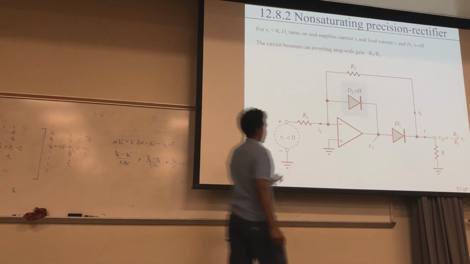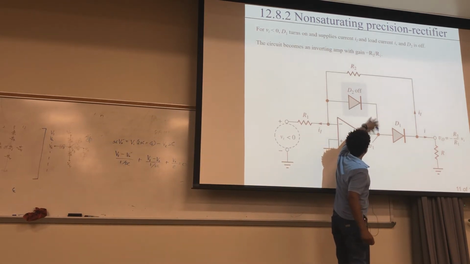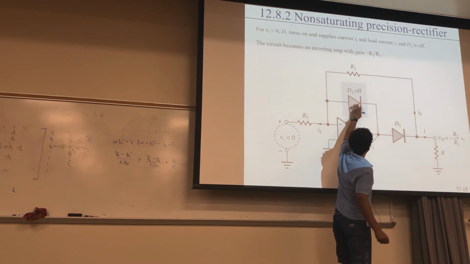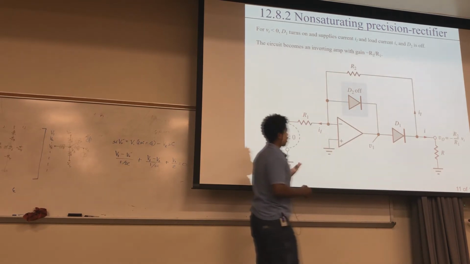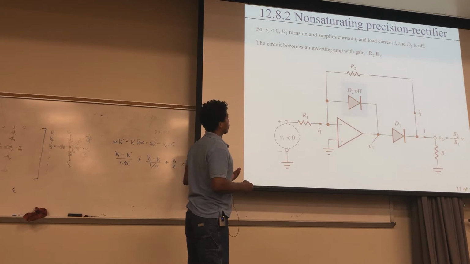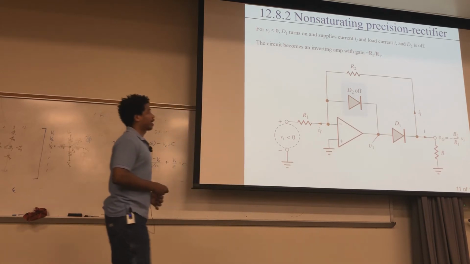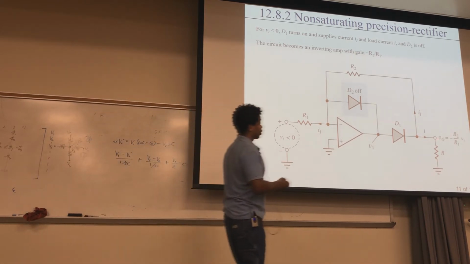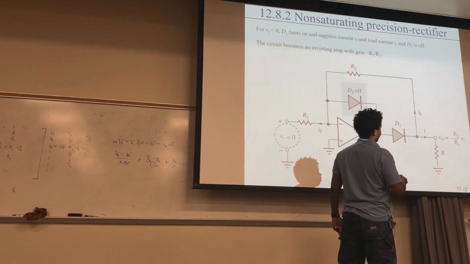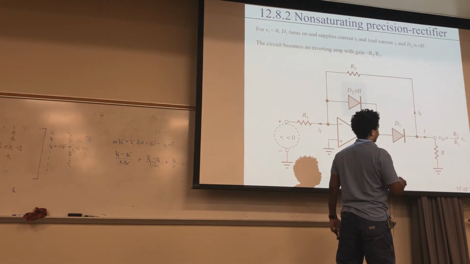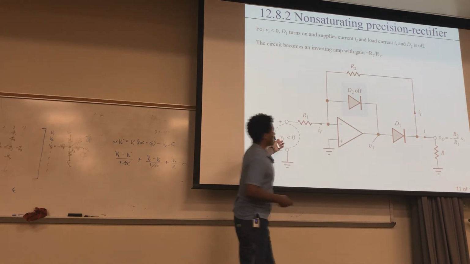So just think of it as this part right here not even existing. This is off, no current is flowing through here, and you just have an inverting op amp with just this as feedback and this as your input. Okay, and then now you do have a voltage at the output, which is negative feedback over the input times your VI coming in.